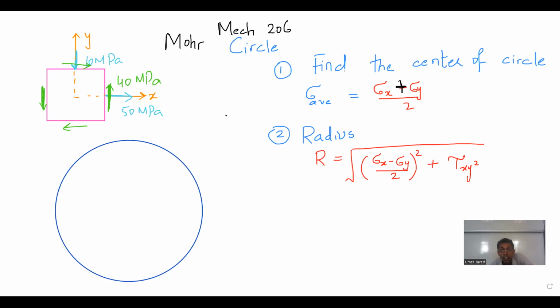The radius is 50. So let me put here 20 as one of the students told us, and 50 here. So the first thing that you will do is put this center at 20.